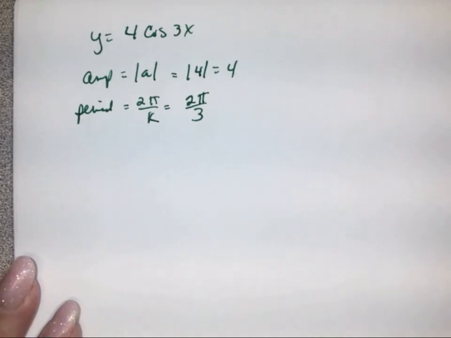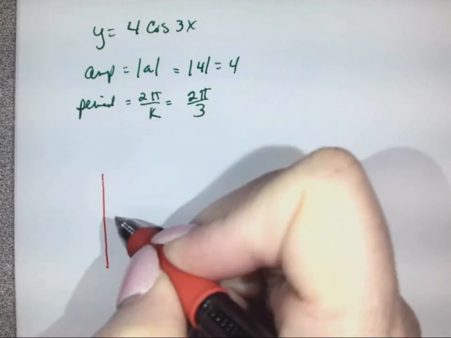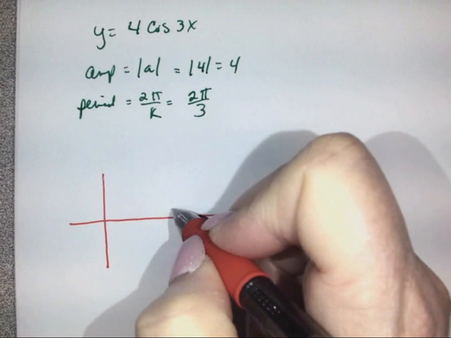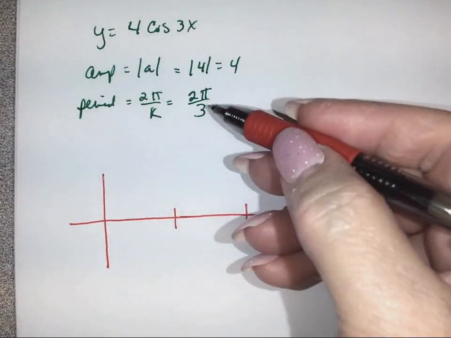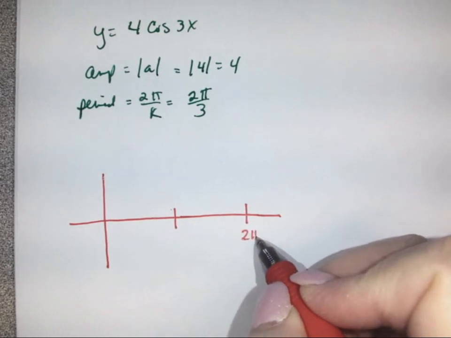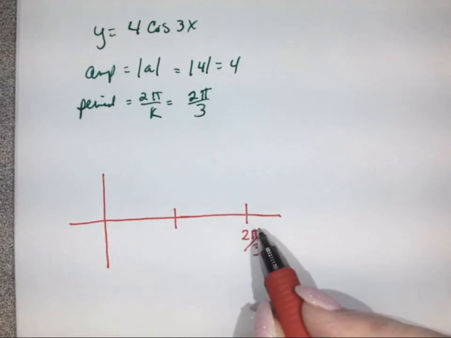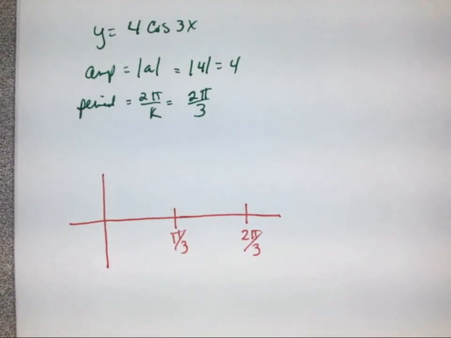All right, so now we know that part. Let's go draw a graph. All right, so we'll draw here. So we're going to put 2 marks again. So we know that our period ends at 2 pi over 3. So halfway from 0 to 2 pi over 3 is going to be pi over 3.